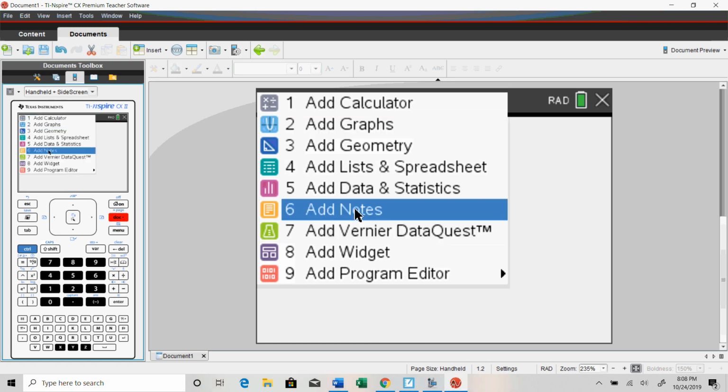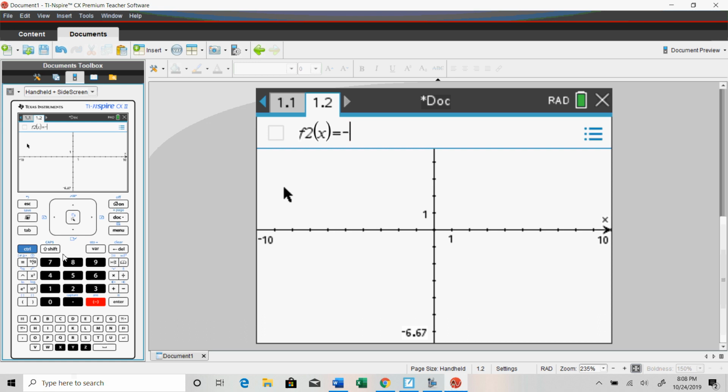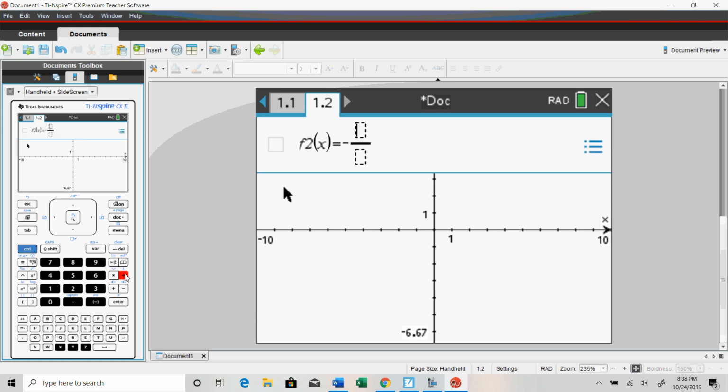I could add a notes page to say, hey, this is gift B number 5 or whatever it is. So here I want negative, and I said 1/2, so control divided by 1/2, and then I thought it should be x plus 1, quantity squared, since I'm shifting to the left.